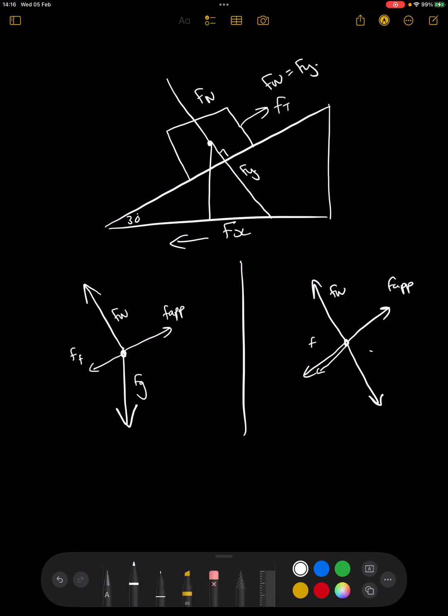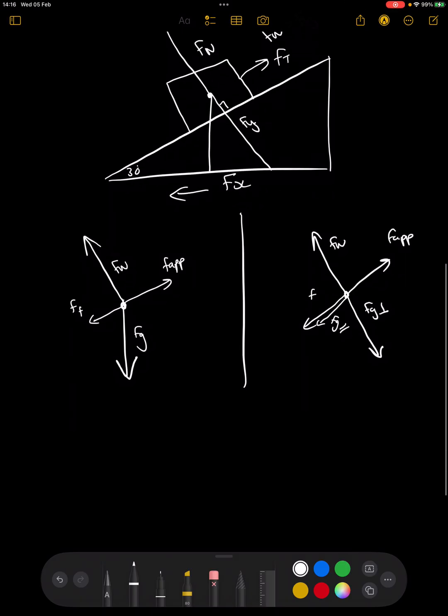So this is going to be your FG perpendicular, and this one over here is going to be your FG parallel. So this is the components that you're going to be using. So you have the option to either do it like this or like that. And then remember, if it's named, you need to make sure that you're including your key on the side with everything that it is called.